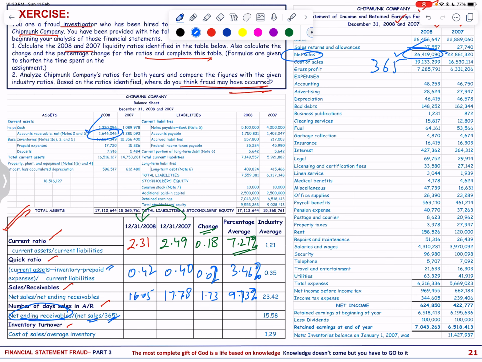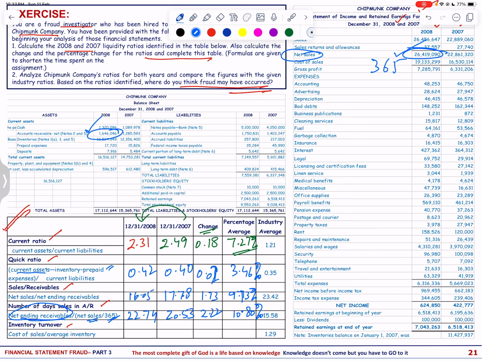So net ending receivables divided by net sales divided by 365 will give us 22.74. Same for the year 2007, it will be 20.53. The change is 2.22, and the percentage is 10.80%.